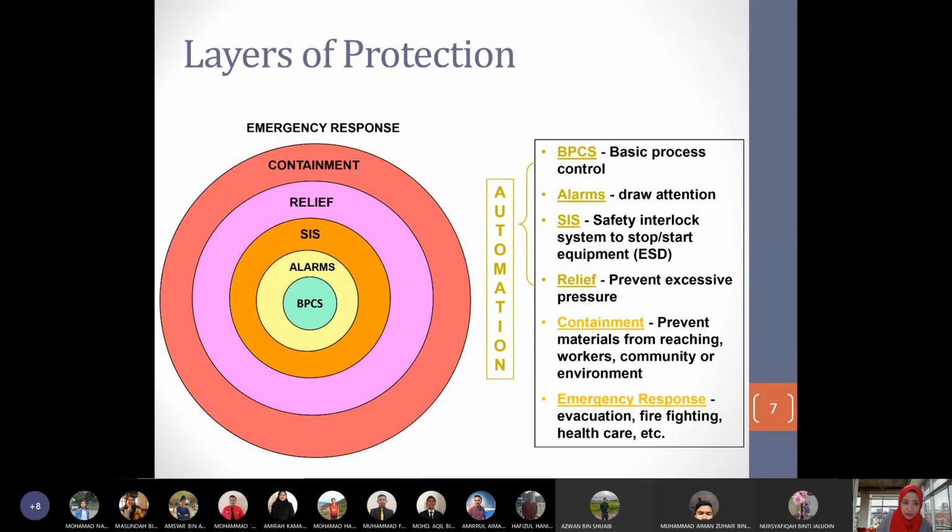And then finally, you should have this emergency response to evacuate or to contact a fire department and start firefighting, and healthcare, ambulance, police, and so on. So those are emergency response.